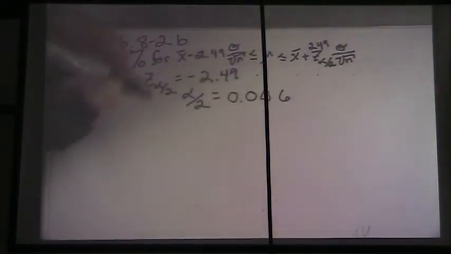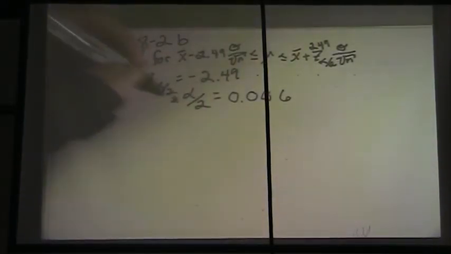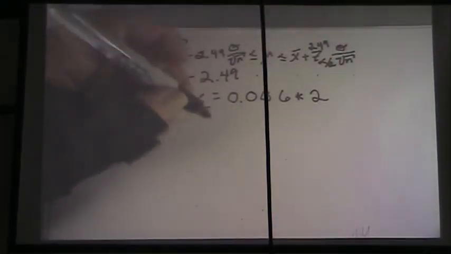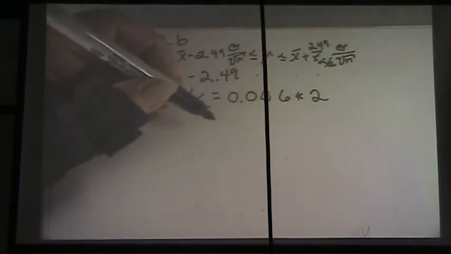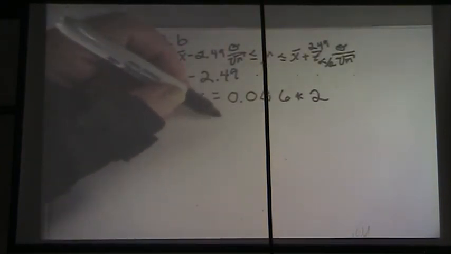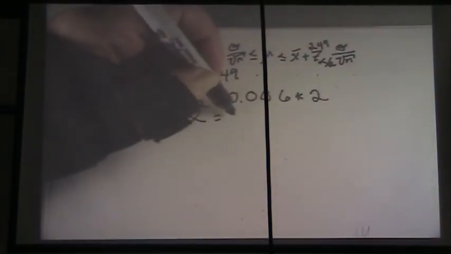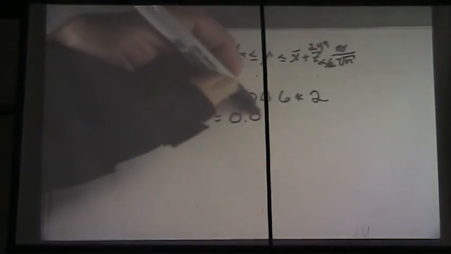That means that if we multiply both sides by 2, we are going to get alpha equal to 0.012.